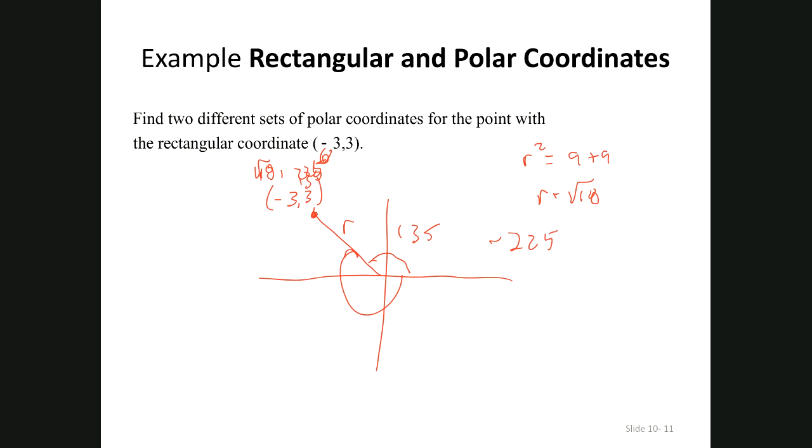Mr. Shanklin? Yep. Can you have a negative radius? Like, could this be said to be negative 45 degrees and the radius be negative square root of 18? No, the radius has to be positive because distances are always positive. Now, most of the time, we don't even use negative angle measures. I was just saying, in this problem, it says you can go around the circle.